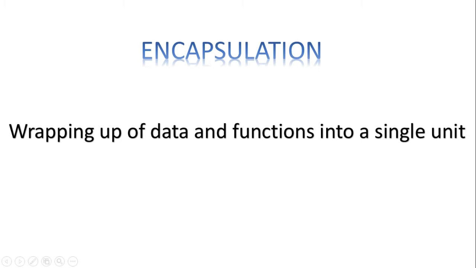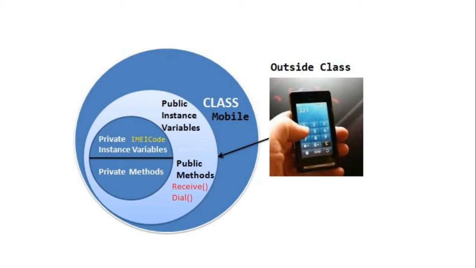A capsule contains a powdered medicine or a drug, and it protects it from the outer surroundings. Similarly, in case of encapsulation, to protect the data and functions, we cover them with something so that they are protected from the outer environment. This is encapsulation.